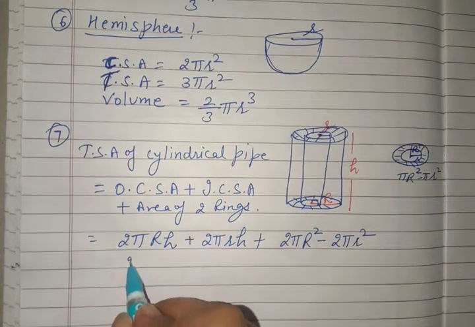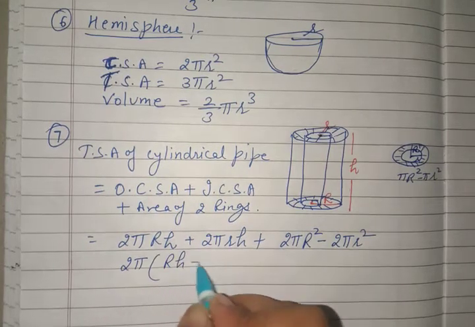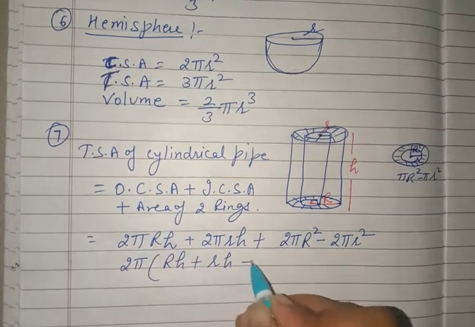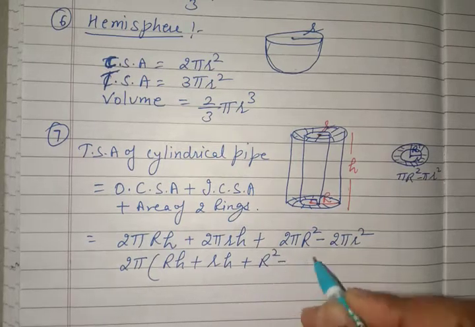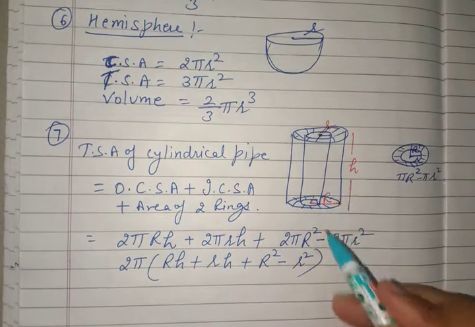We can take 2 pi common and it will be (R plus r) h plus R square minus r square. So this is total surface area of the cylinder.